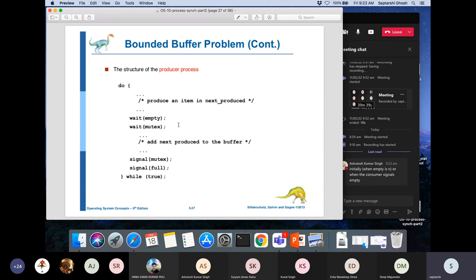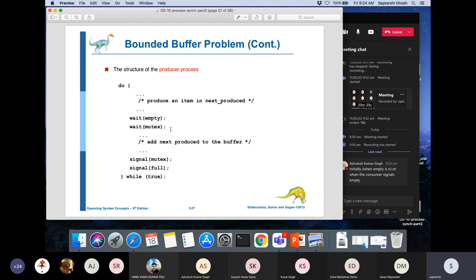But then it won't be able to get it anymore because the buffer is full. Henceforth, the producer will only be able to get the semaphore empty when the consumer signals it. You have not seen the consumer code yet, but intuitively understand that empty should be signaled by the consumer.